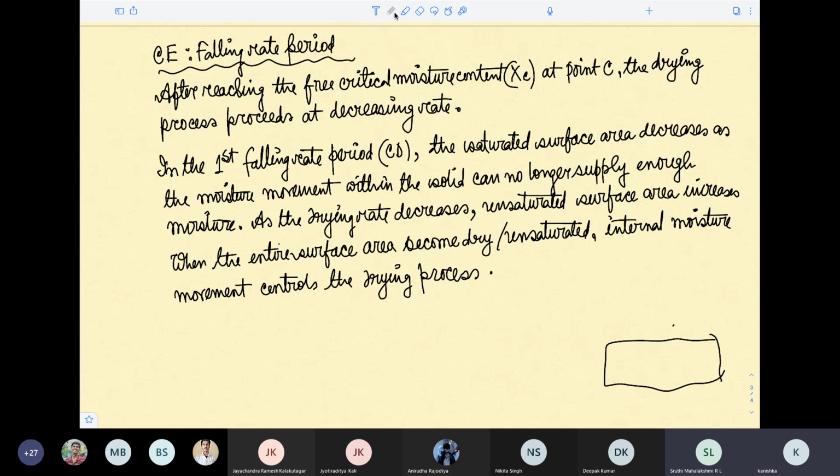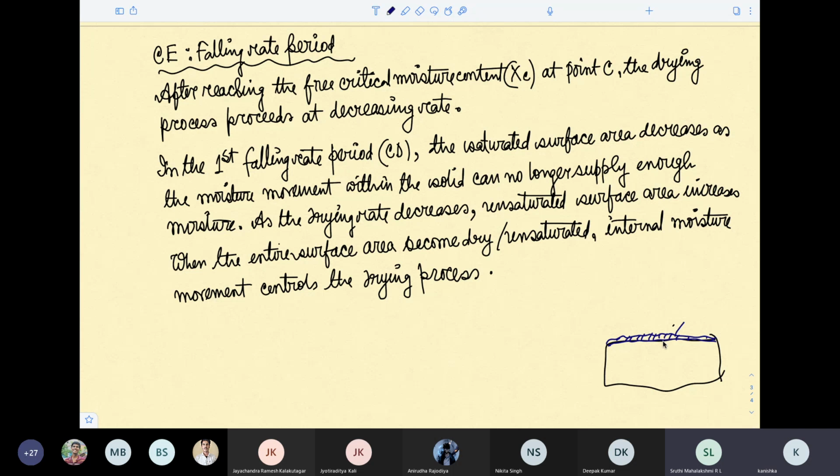Say this is the food. Initially the surface had a continuous film of water during the constant drying period. As soon as it reaches the critical moisture content, the surface becomes exposed to the hot air, so it is no longer a saturated surface.